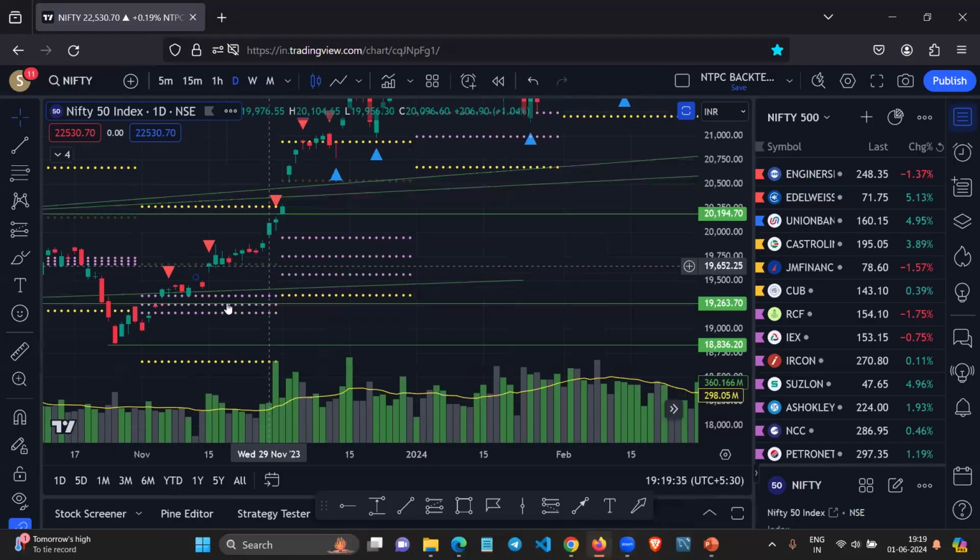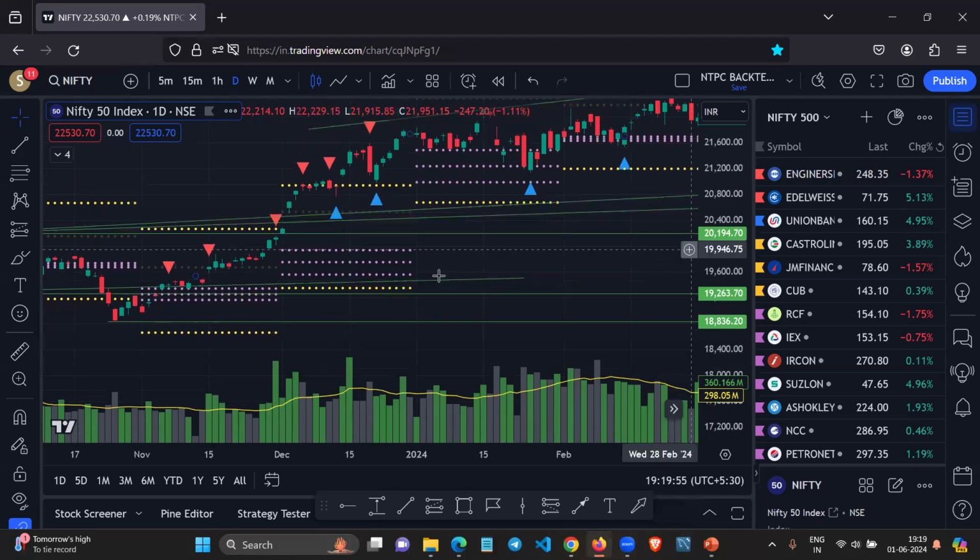So let's say this CPR is in uptrend in the December month, right? If the stock is going like this and coming here and touching CPR and again bouncing back, then we will enter the stock. Okay.